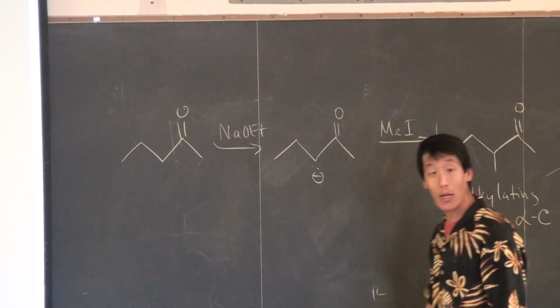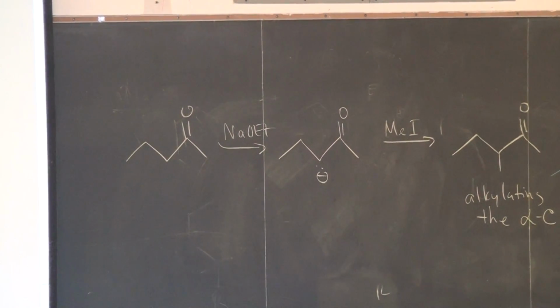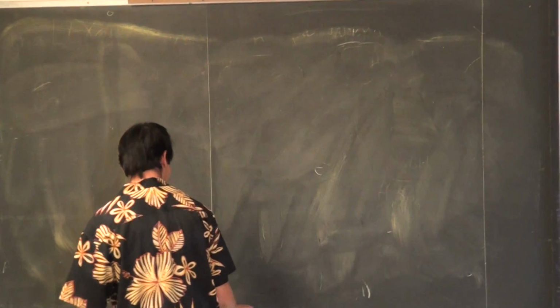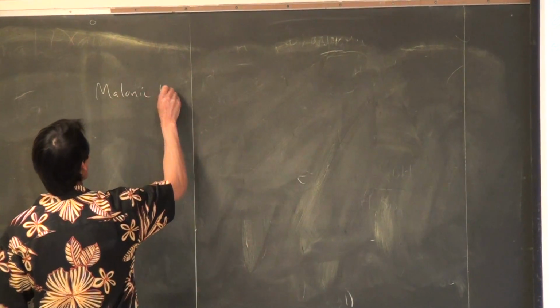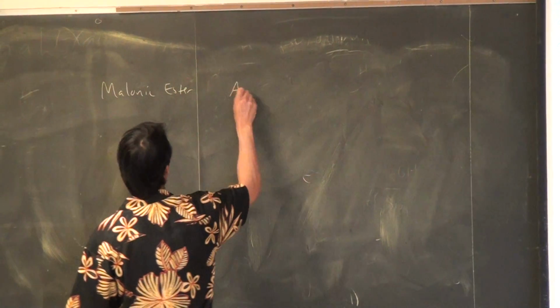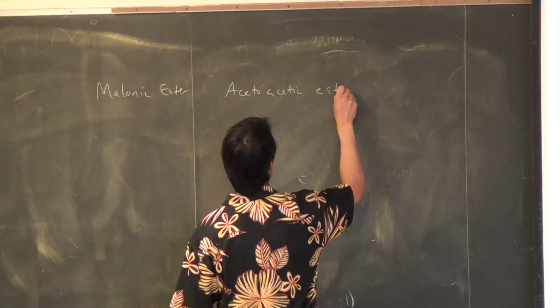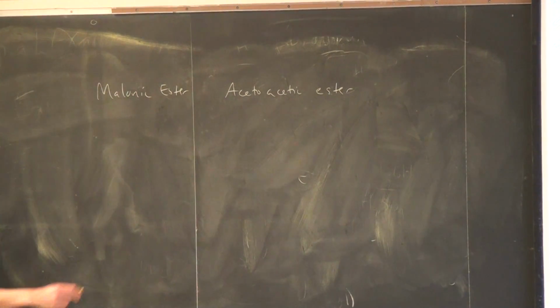Yes, the other possible way to do it would be to use, as we talked about briefly, either the malonic ester or the acetic ester synthesis. Because in this case, we get one of these.